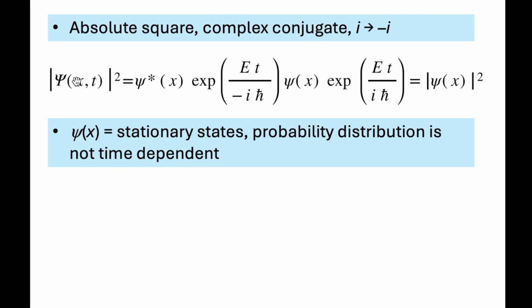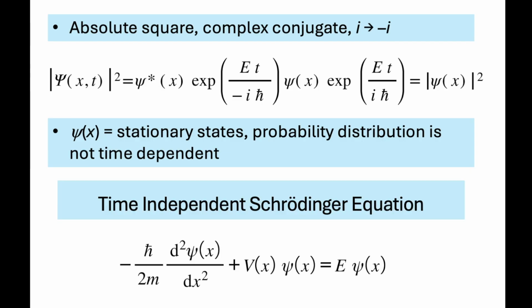The absolute square of the time-dependent wave function is equal to the absolute square of the time-independent wave function. So that's why we call them the stationary states. The probability distributions that you get from psi of x are not time-dependent. Therefore, they describe stationary states of the system.